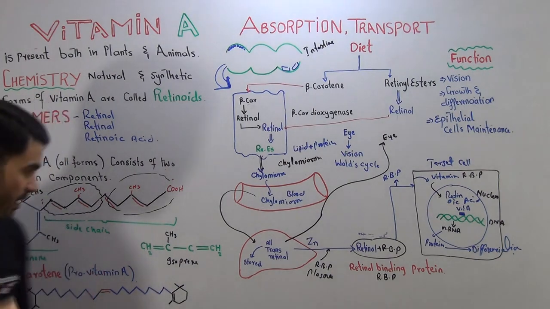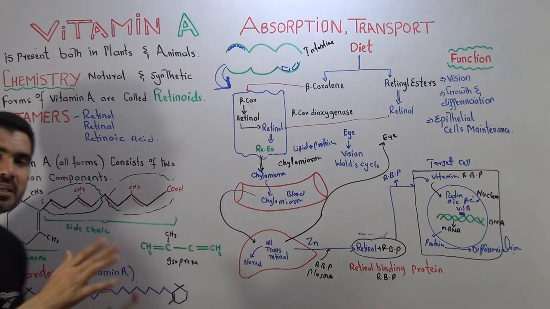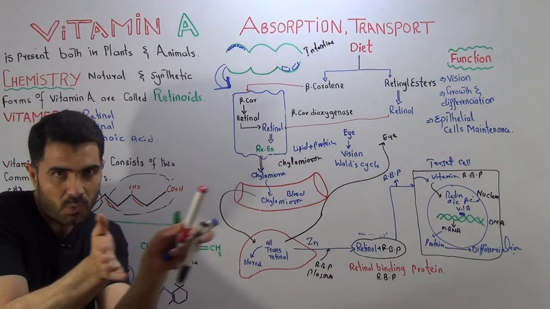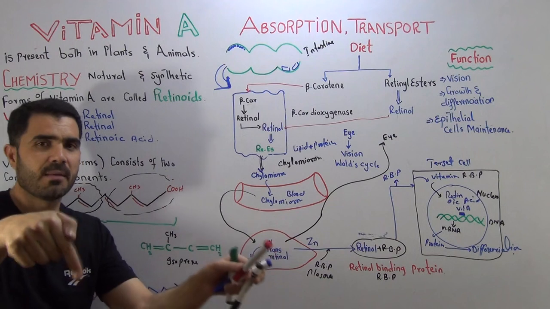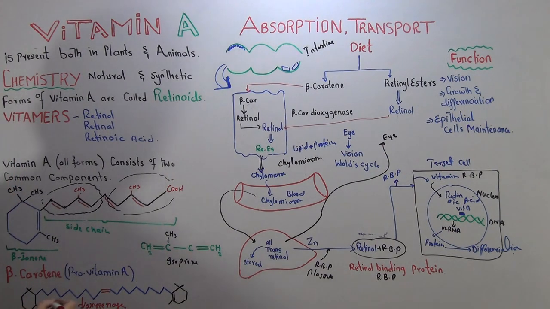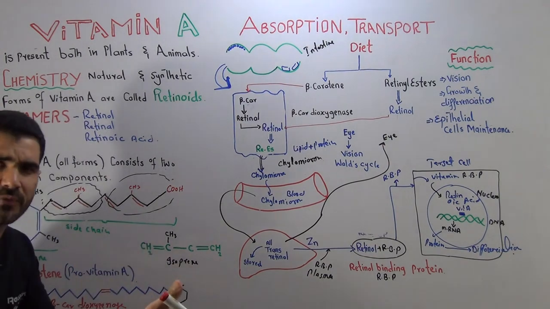And remember, this beta carotene can be cleaved, means can be broken down by the help of an enzyme, and that enzyme is called dioxygenase. Please remember the name dioxygenase. You can call it beta carotene, CAR is just shortcut form of carotene.